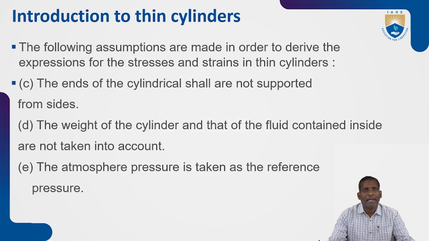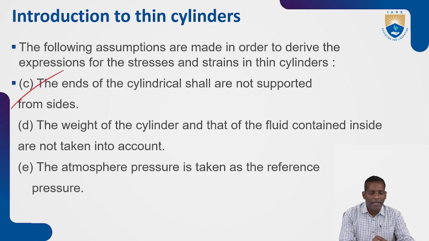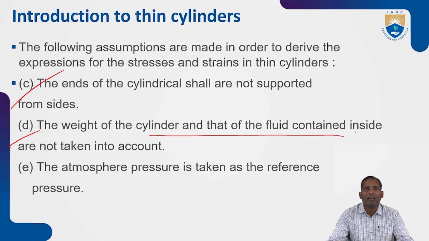Next assumptions. The ends of the cylindrical shell are not supported from the sides. The weight of the cylinder and that of the fluid contained inside are not taken into account.